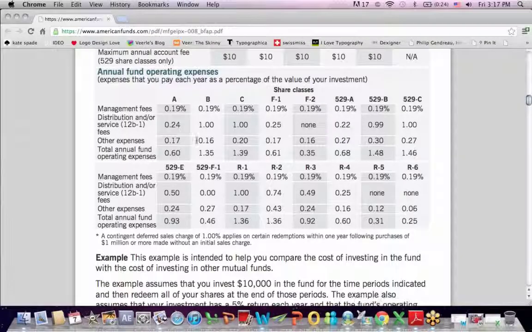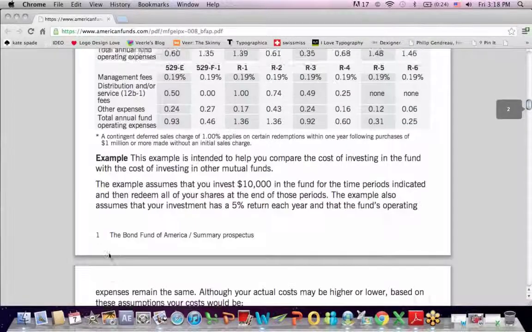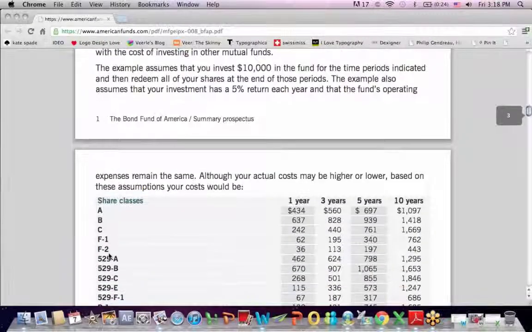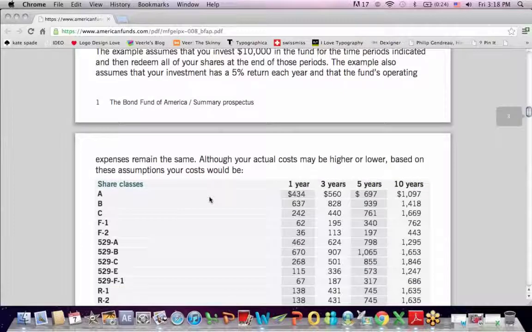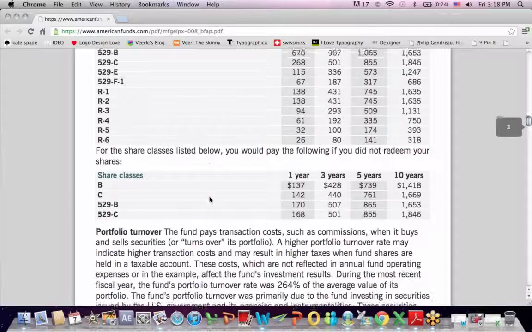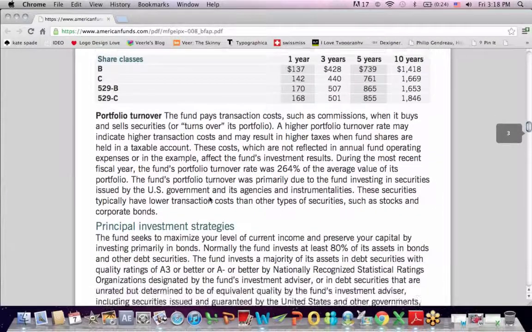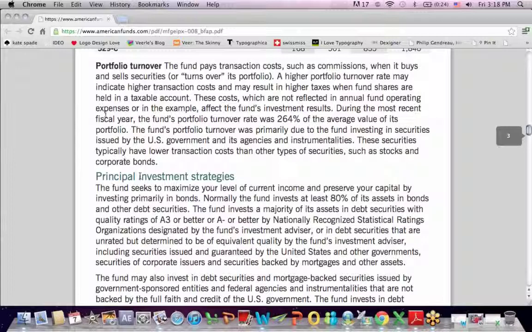When you go over to their chart here, you can see how those fees break out, but that's what we mean. And then if you go further, and I'm not going to spend too much time on it, you can see based on $10,000 invested, 5% return each year, here's what your costs would be. I'm going to skip through that because I think there's some important information down here we need to get to.